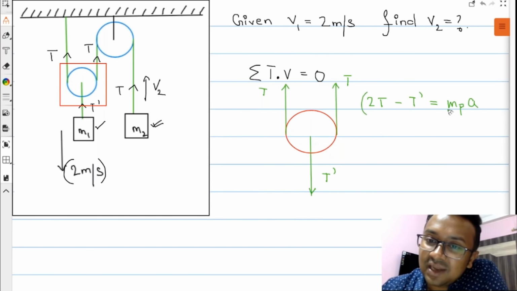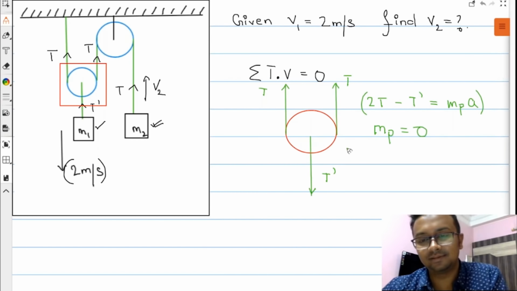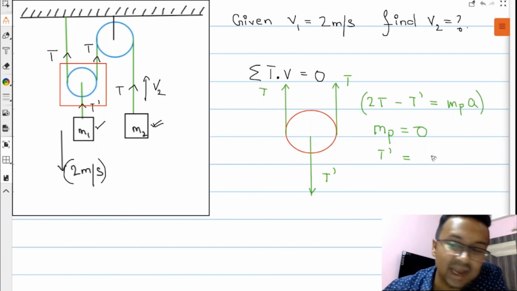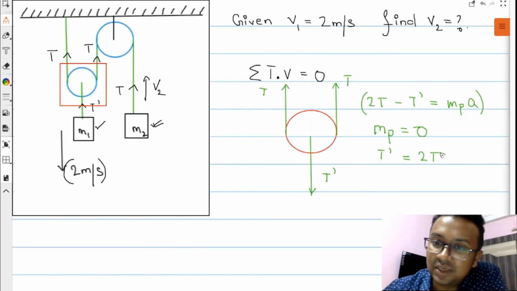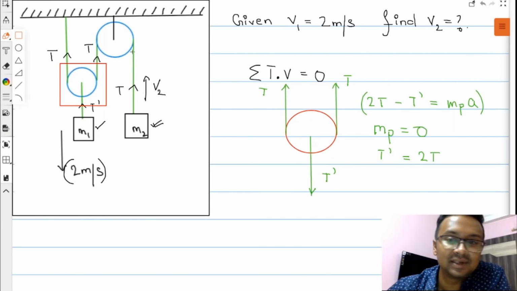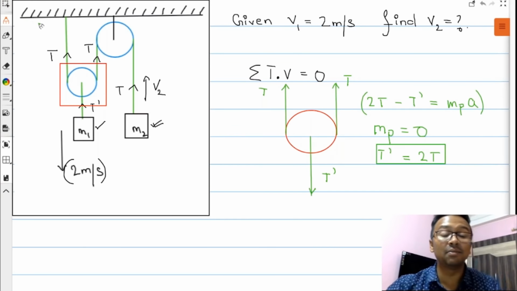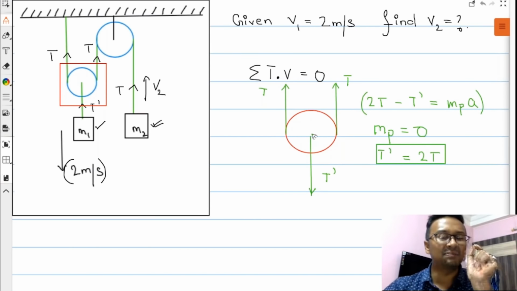But we are considering an ideal scenario, which means the mass of the pulley is equal to 0. Then my T dash becomes equal to 2T.